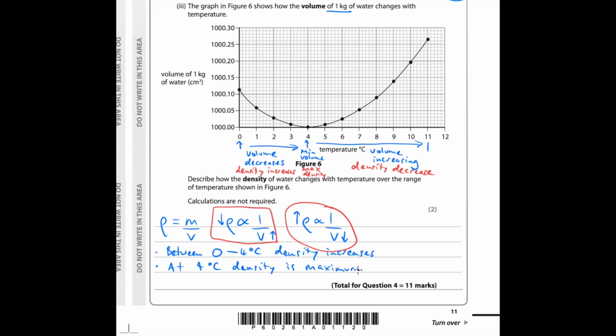And then from 4 degrees C to 11 degrees C, density decreases. So we'd get 3 marks for that, and it's only worth 2, so we've easily got the marks. I hope you've understood that.